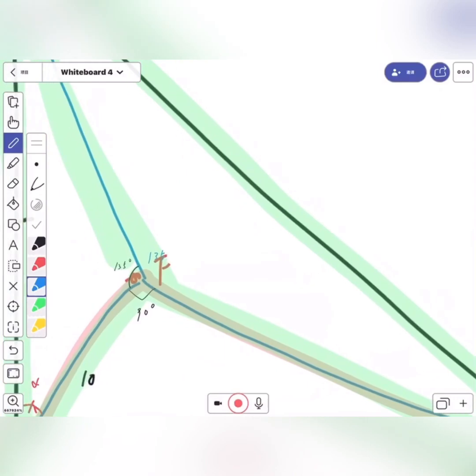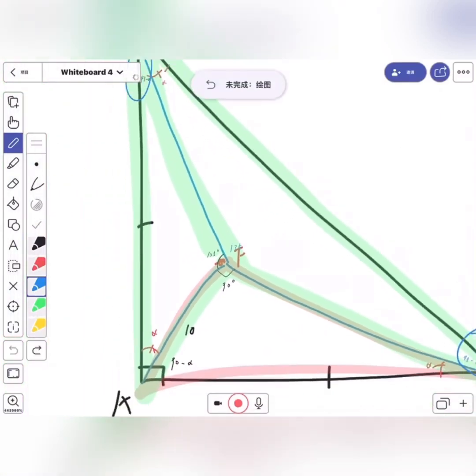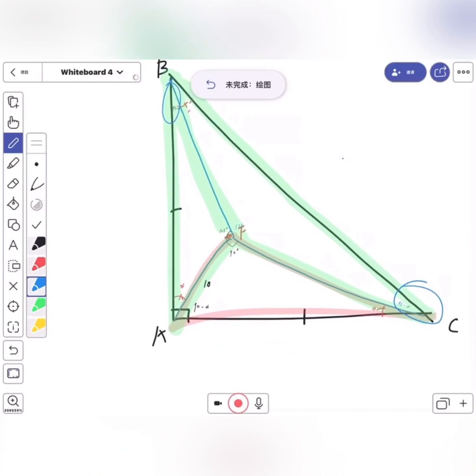And since these are both 135 degrees, then they're indeed congruent. Now, we can do some kind of triangle similarity equation, and we can actually use this condition that this is equal to 10. Okay.